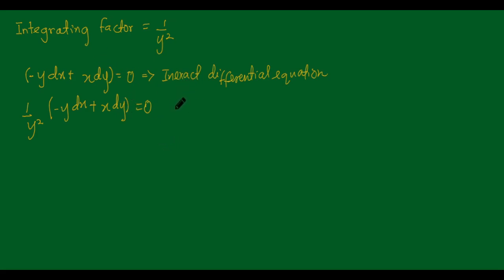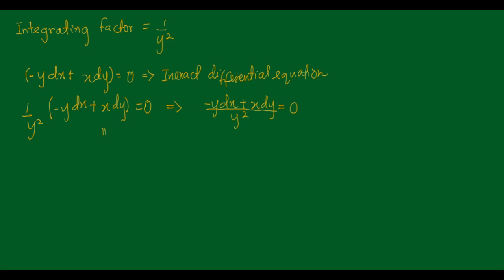So this could be written as minus y dx plus x dy, divided by y squared, to be equal to 0.